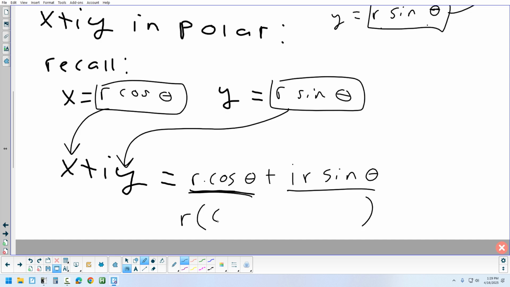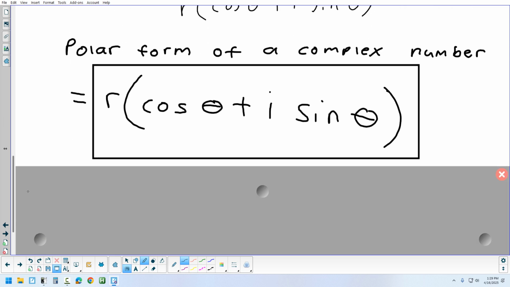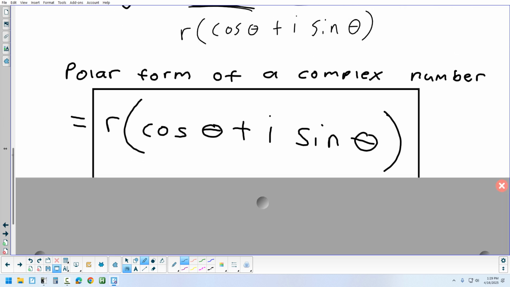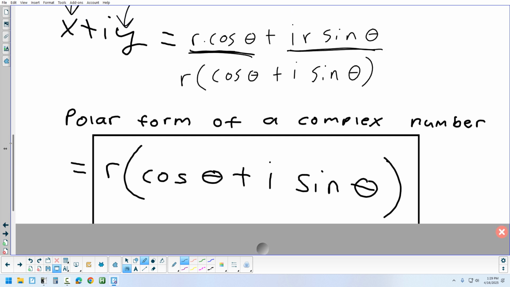Cosine theta. And if we take R out of the second one, what's left? I sine theta. Doesn't it matter that the I is before the R? No, that's how the book writes it. Okay. And that is how you write a complex number in polar.